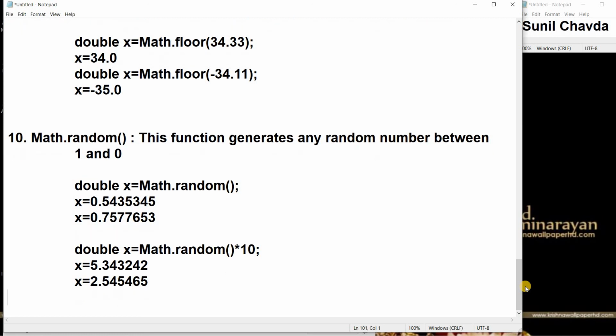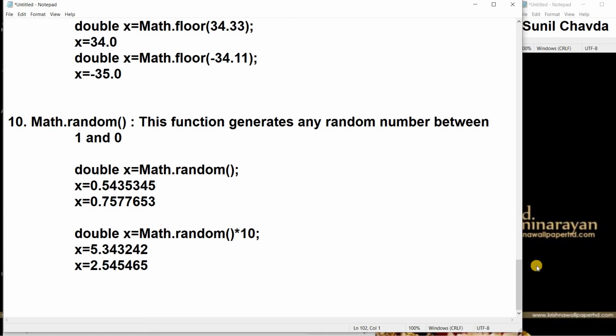Now if you want to remove the decimal points, you can round it. You can put it in Math.round, so it will remove all the decimal part and you will get a perfect integer value. This is how Math.random works.